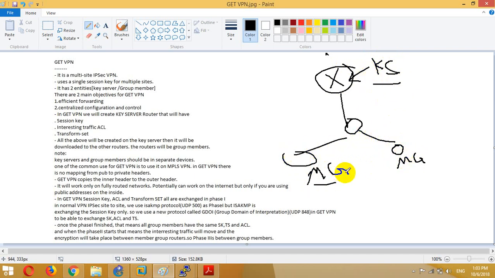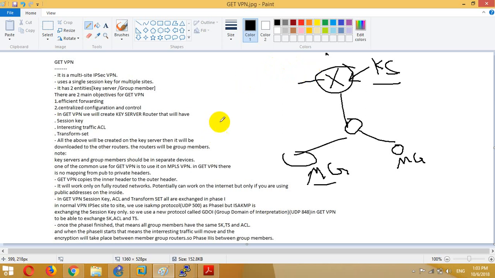Each one of them is going to register itself in the key server, and this will centralize things and facilitate two things for me. The first one is that it centralizes the configuration, so I do the configuration here.